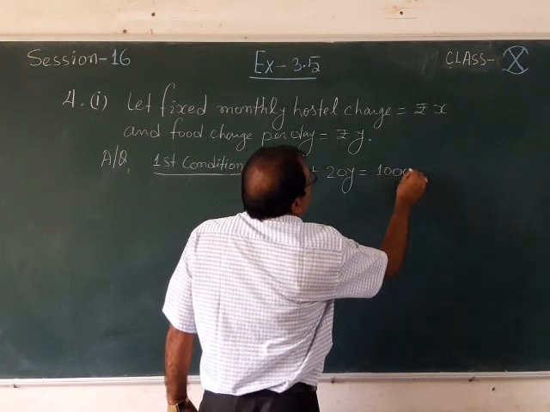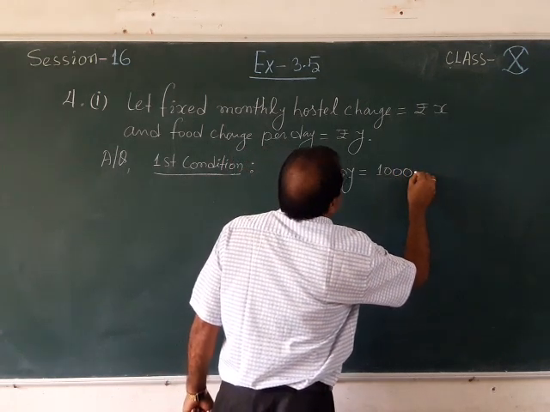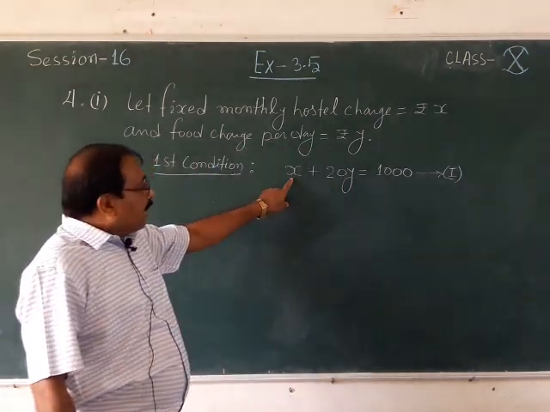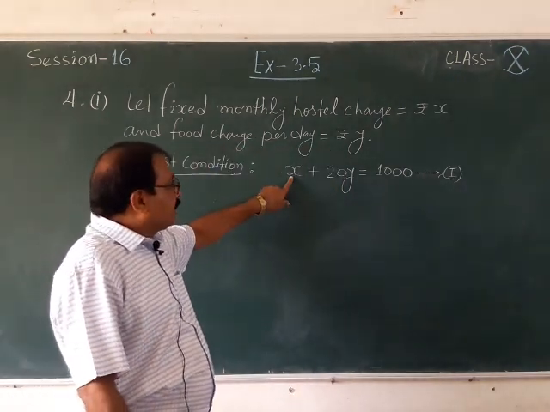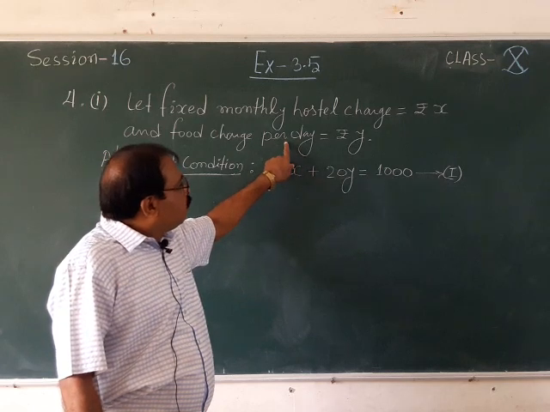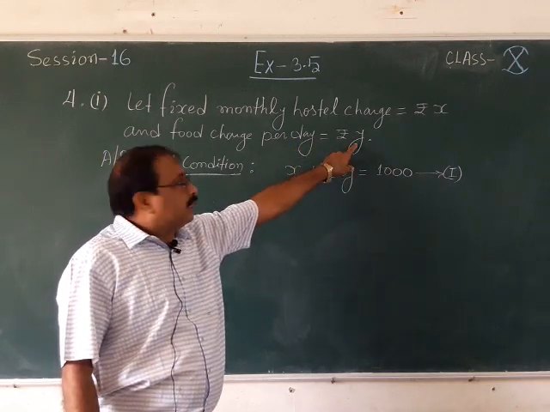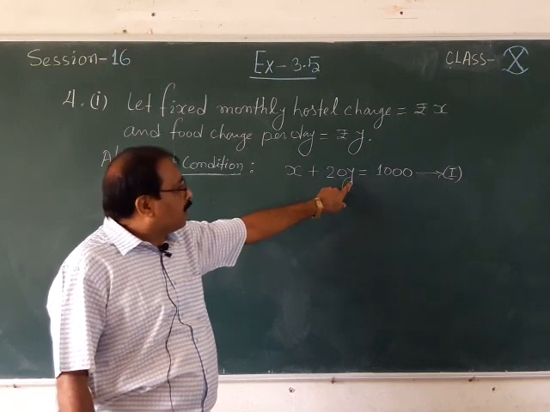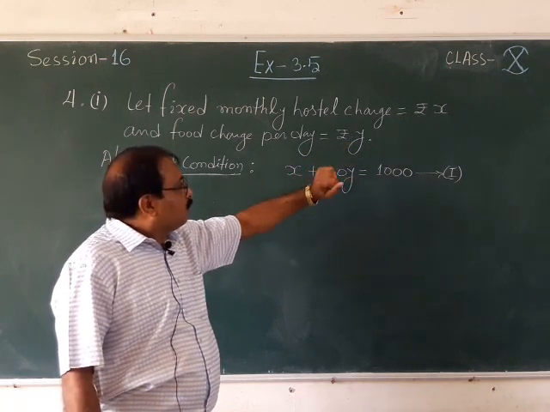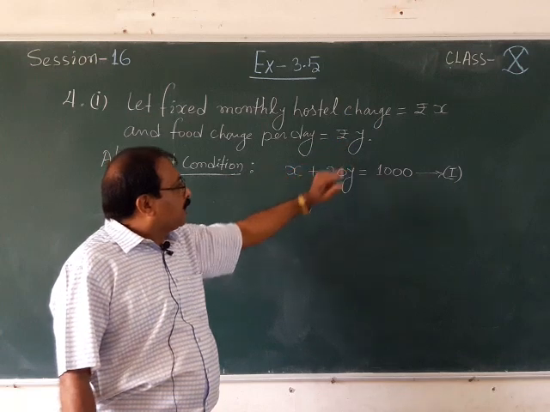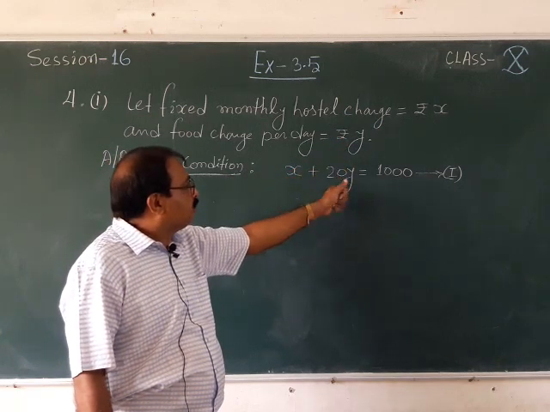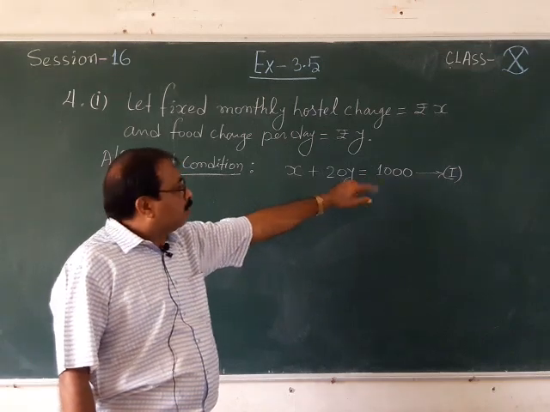This is your equation number first. Here x is the fixed hostel charge and the per day food charge is rupees y. If a student is staying there for 20 days, he needs to pay 20 into y. One day food charge is rupees y, so for 20 days the food charge will be 20y, and that is equal to 1000.